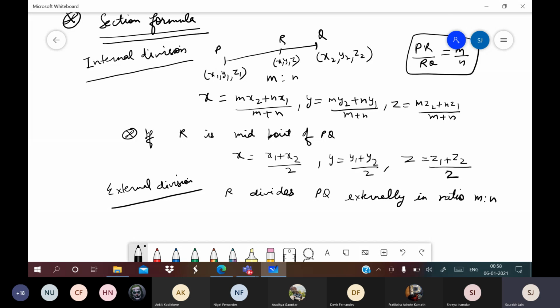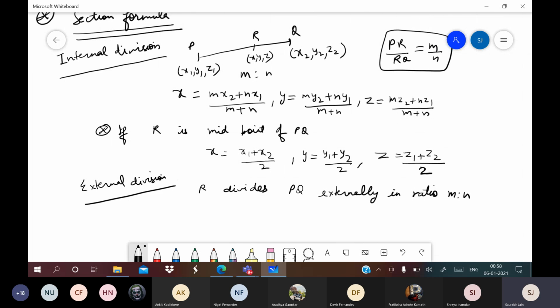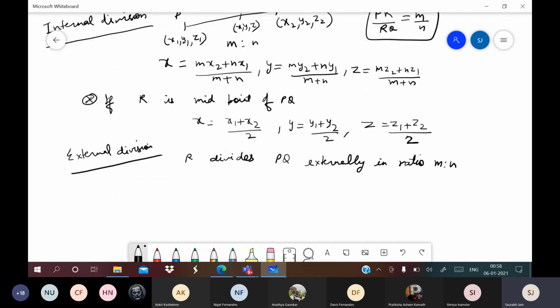Does anyone remember what was the change in the formula or the result? These are the points: P is (x1, y1, z1), Q is (x2, y2, z2), and R is (x, y, z). But now it is dividing PQ externally in the ratio. It is like this, externally. That means R is not part of PQ. It is present on the extended line segment PQ.